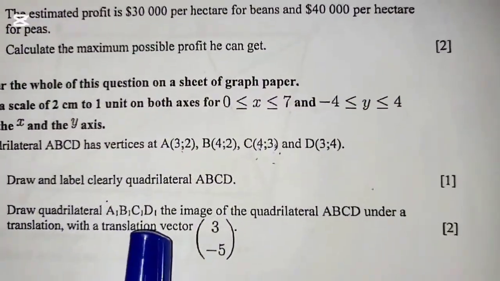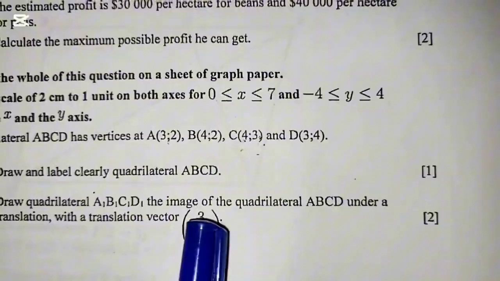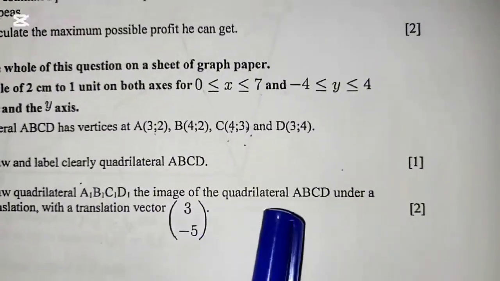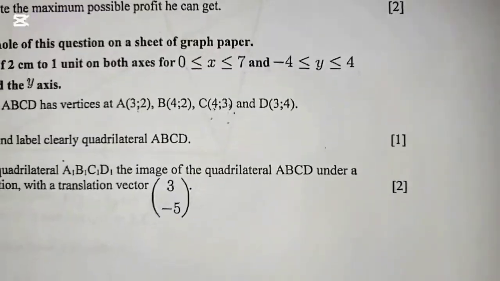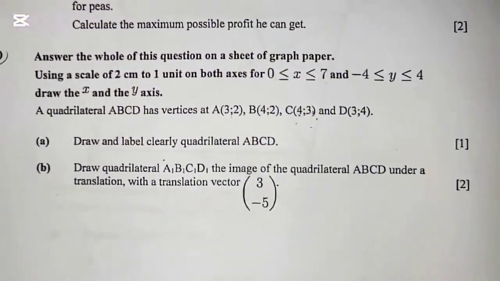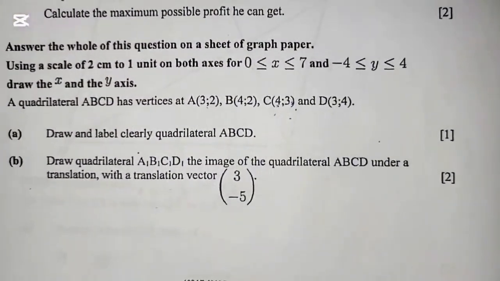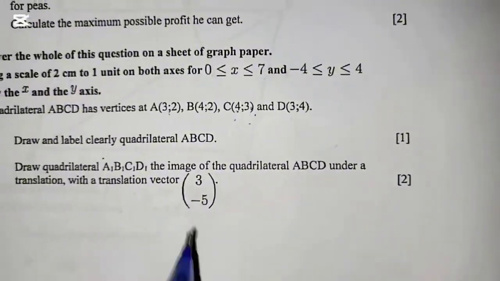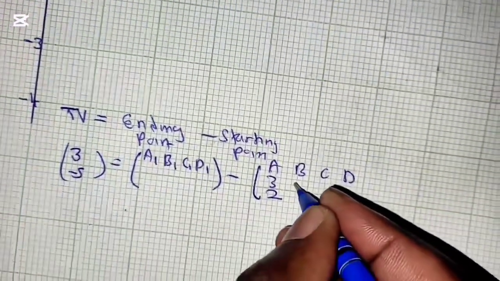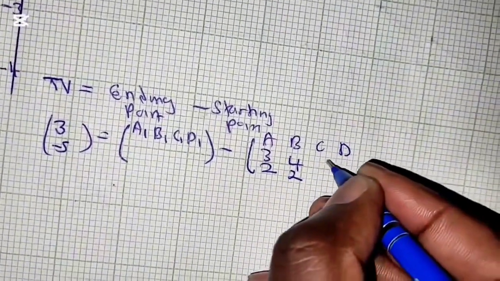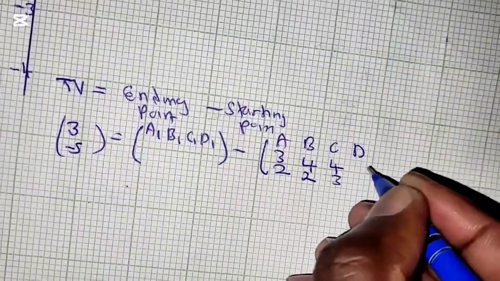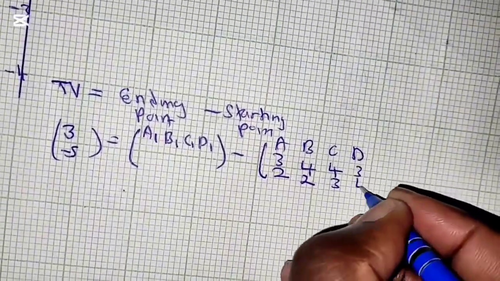Quadrilateral A1, B1, C1 is the image, which means it is the second shape of quadrilateral ABCD, which means ABCD is our starting point. So for the starting point, I'm going to take these coordinates of A, B, C, and D. So that's 3 and 2. I'm going to write 3, 2 here. Then B, it's 4, 2. Then C, it's 4, 3. And D is 3, 4. Are we together? Okay, that's it.